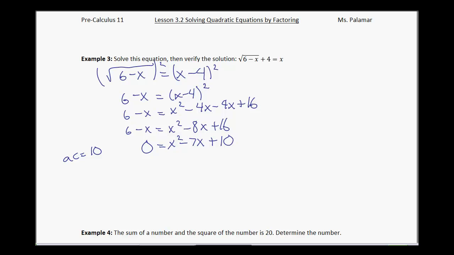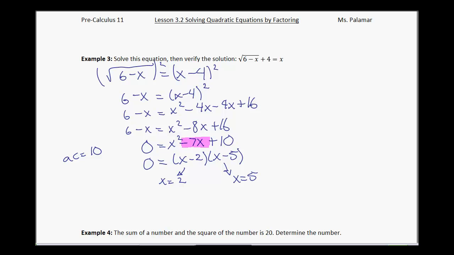And what two numbers multiply to 10 and add to 7? In this case, negative 2 and negative 5 are our choices. So we have 0 equals x minus 2 and x minus 5. Setting that equal to 0, we will get x equals 2, x equals 5 for our solutions.